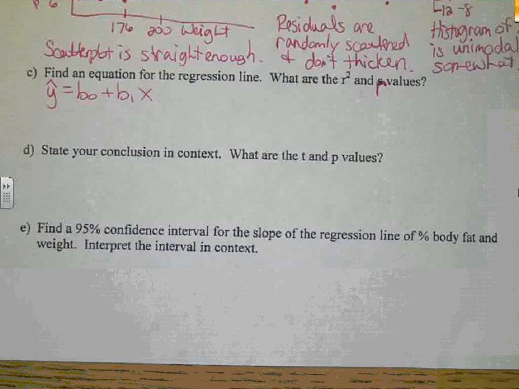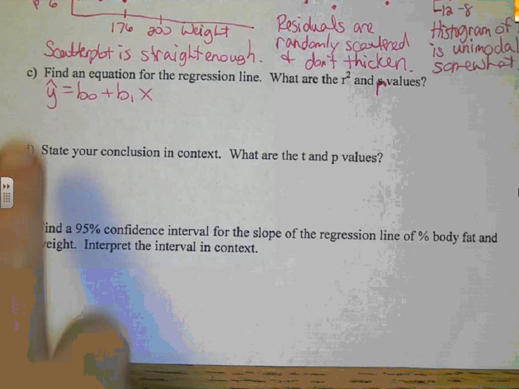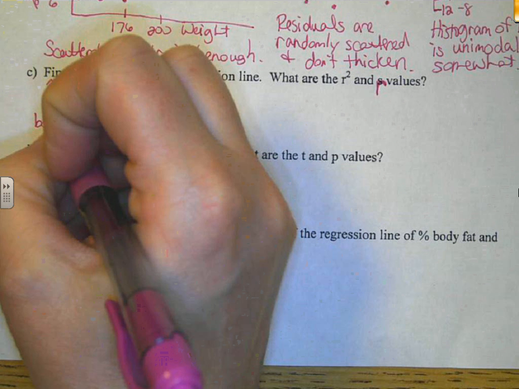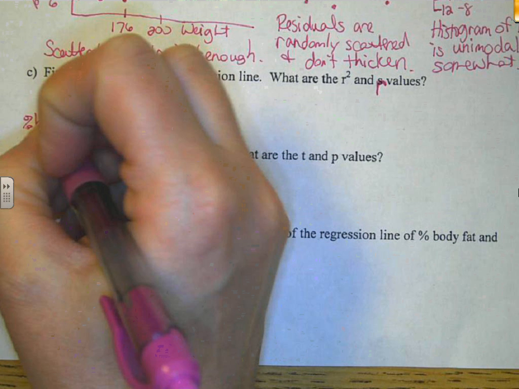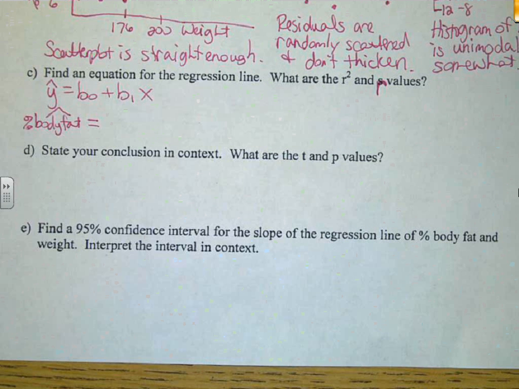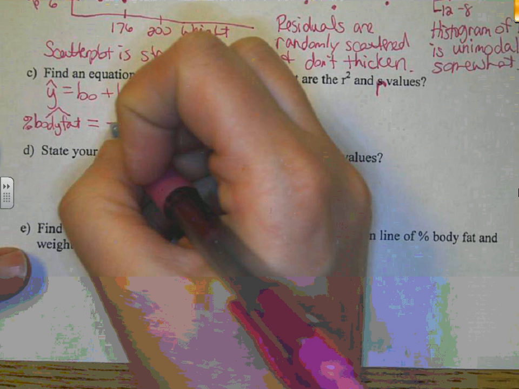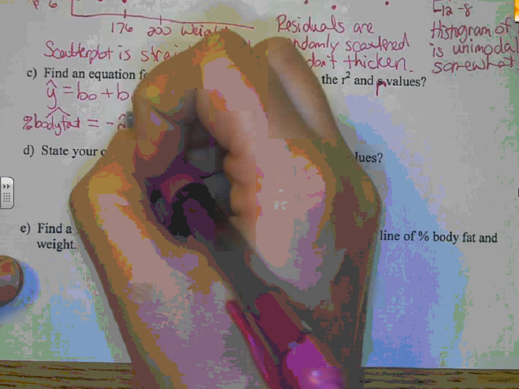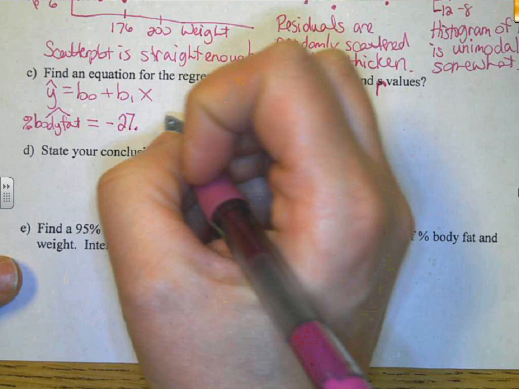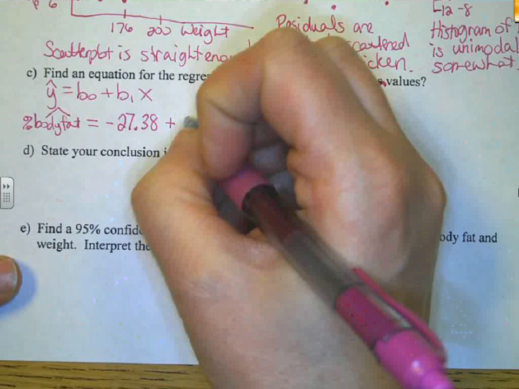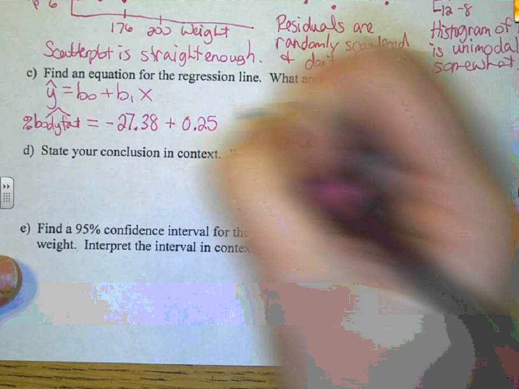Now we just fill in everything. What's our y? Body fat, estimated. b sub 0, our y-intercept, is negative 27.38. Our slope is 0.25, and x is weight.